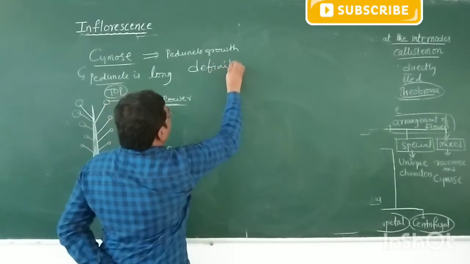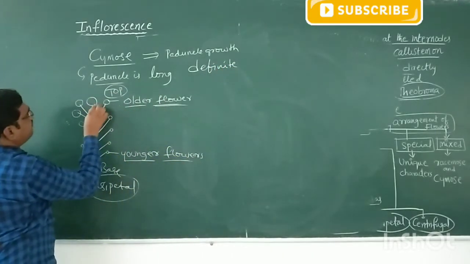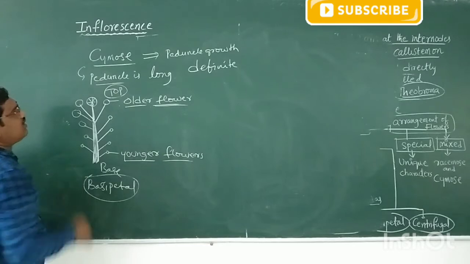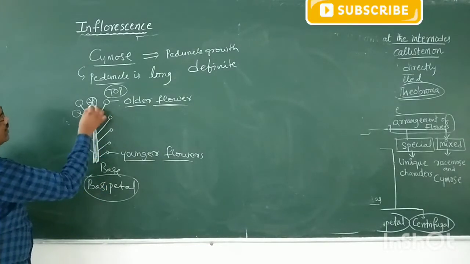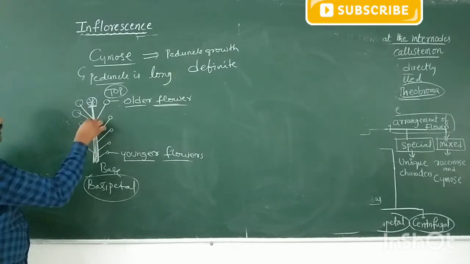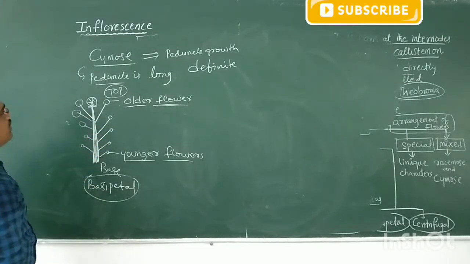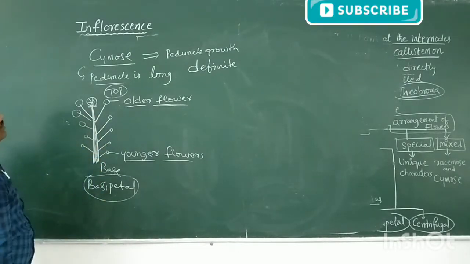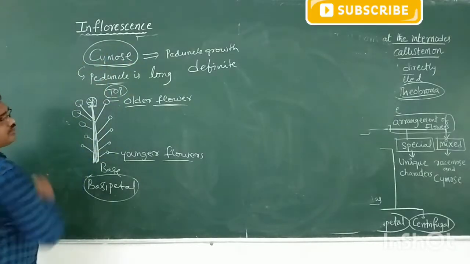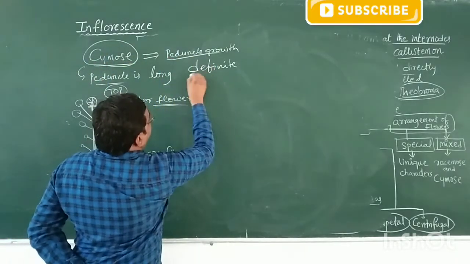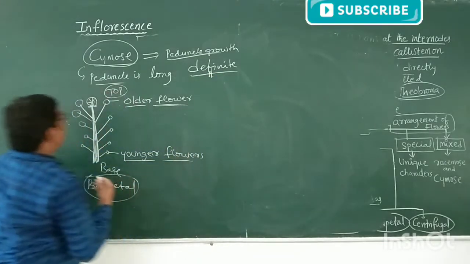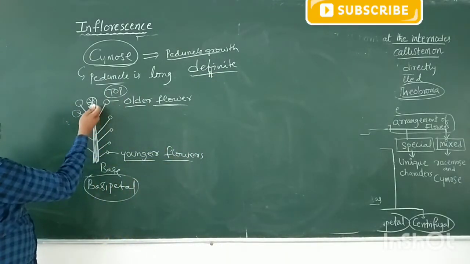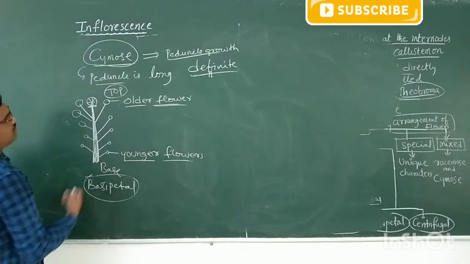Means the peduncle ends with a flower. Means the peduncle growth is stopped because the peduncle ends with one flower. That is the cymose.